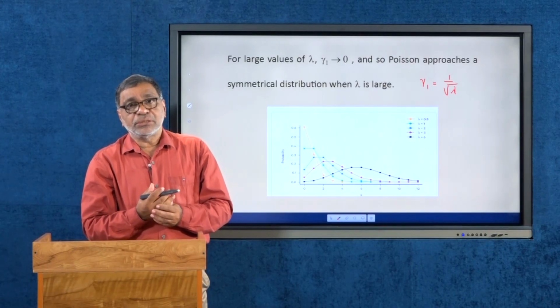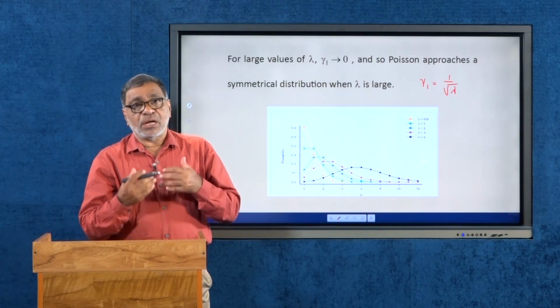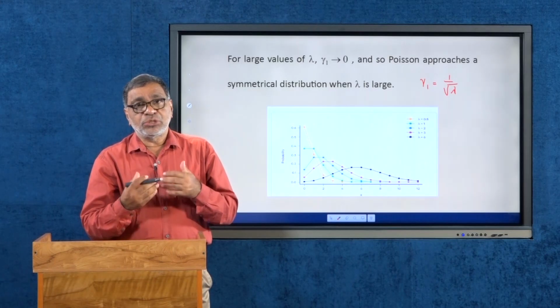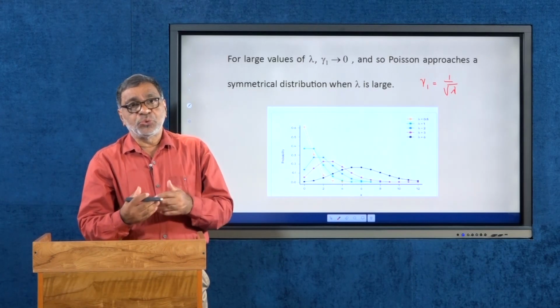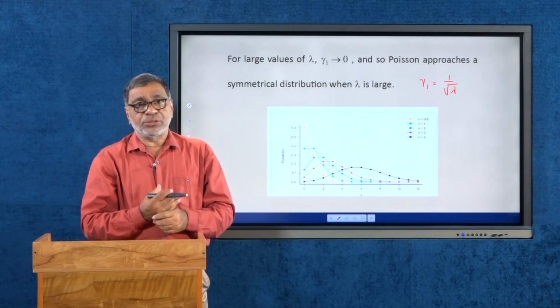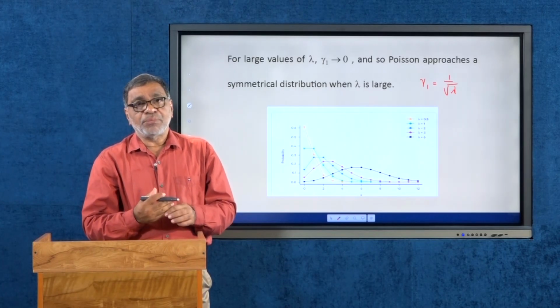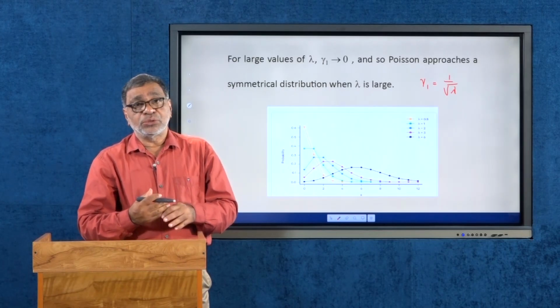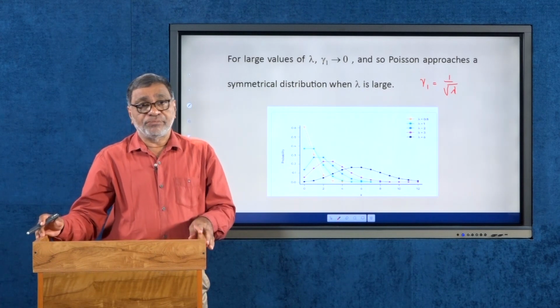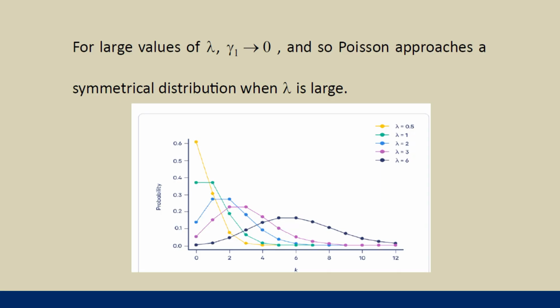The meaning is, when lambda is large, the Poisson distribution approaches a symmetrical distribution, because when gamma 1 tends to 0, the distribution is always symmetrical. So, according to the values of the parameter lambda, the character of the Poisson distribution is something like this.